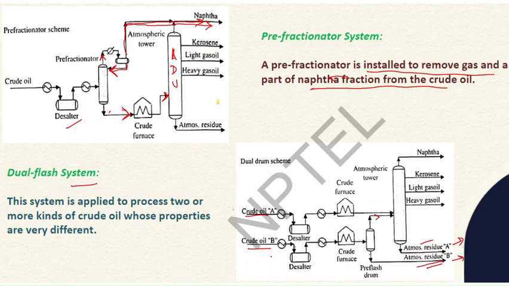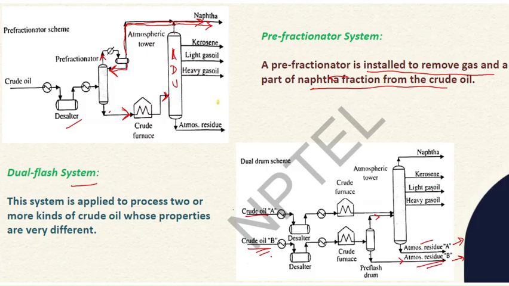So that's why we introduced crude oil A directly into the atmospheric distillation column, whereas from crude oil B we only introduced the lighter cuts, the cut which does not contain the sulfur content of this crude oil B. Okay, so the sulfur content of this crude oil was directly given off in the heavier cuts using this pre-flash drum.